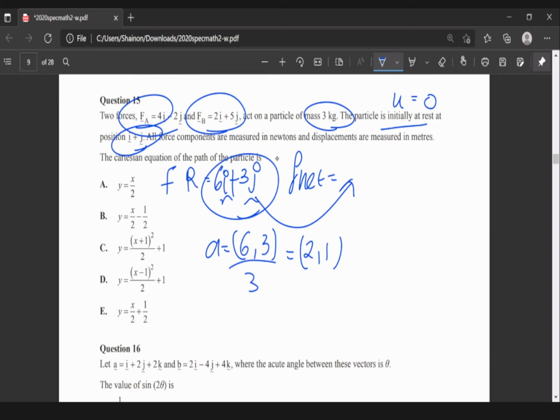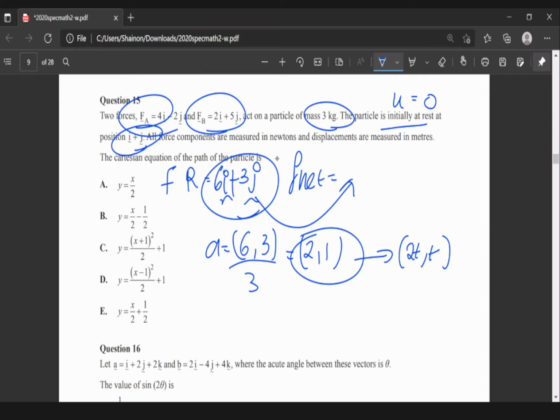So then, if we integrate that as an acceleration, we're trying to find the velocity. We integrate that, we'll get 2t and t.